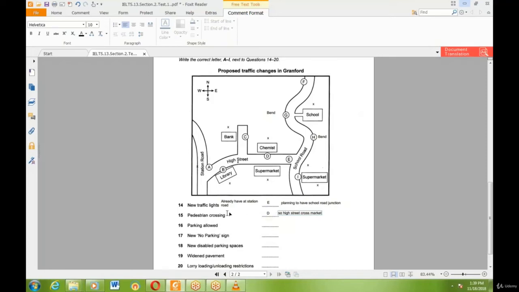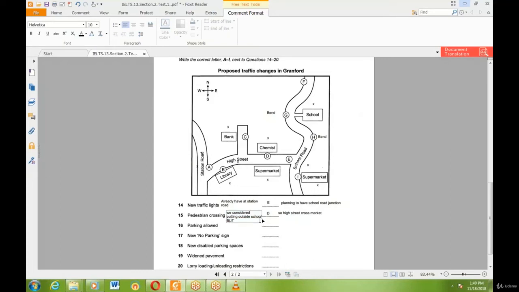Now, let me point out to you what they said in terms of trying to trick you. They said we considered, right? That means they were thinking about. We considered putting it outside the school, right? And then they said what?